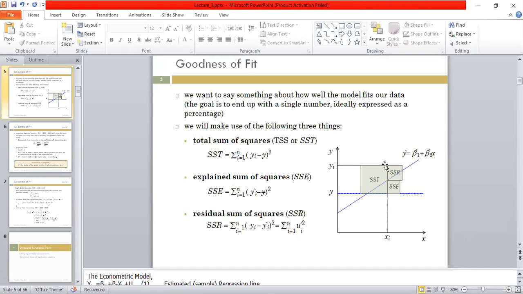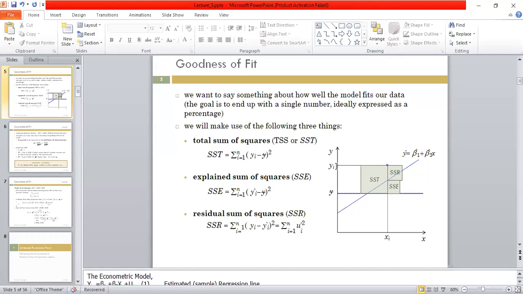We did it in class, in the exam, and in homework. If you have sample size 30, how many points like this will you get here? 30 points. Each point has an x value and a y value.